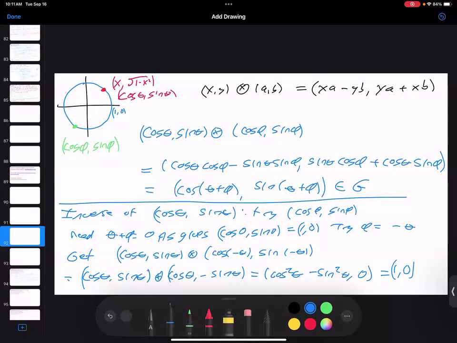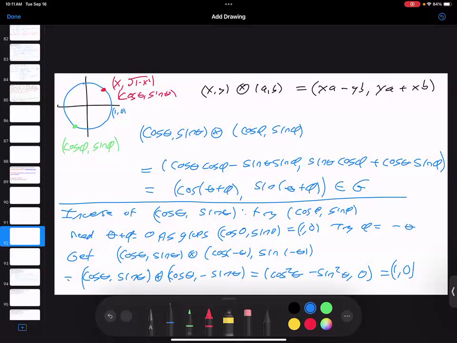So either use your trig identities, the cosine of theta 1 plus theta 2 is cosine theta 1, cosine theta 2 minus sine theta 1, sine theta 2, or just cosine squared is 1 minus sine squared. And so the sine squareds cancel and you just get 1. So this proves the inverses exist.